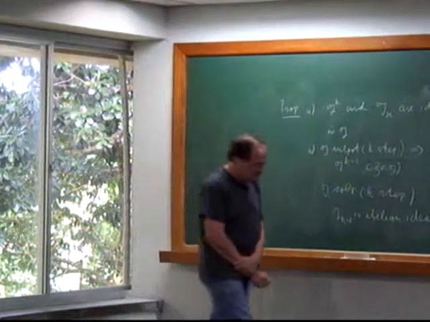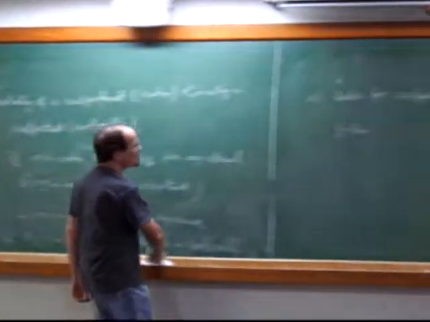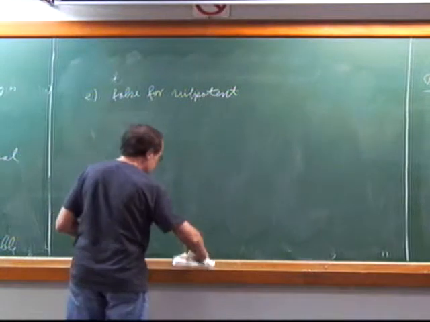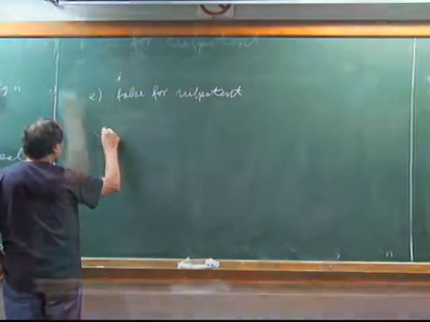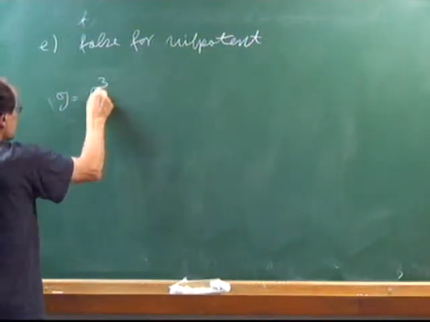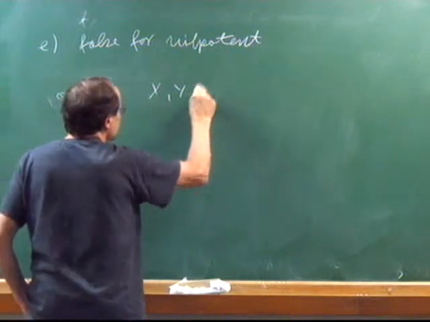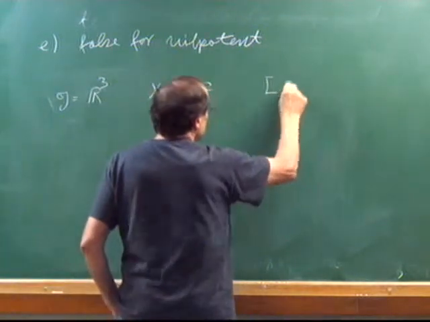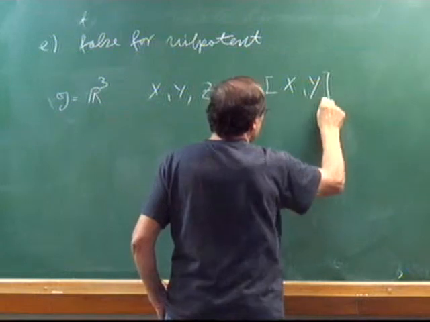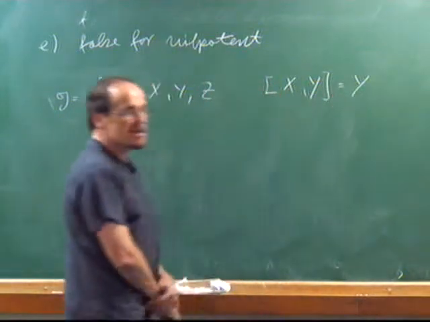Oh no, sorry, the example is right. There's one claim in there which is wrong, but the example is right. So what's the example? I take a three-dimensional Lie algebra spanned by x, y, and z, and the only non-vanishing Lie bracket is that [x, y] is equal to y. Everything else is 0.